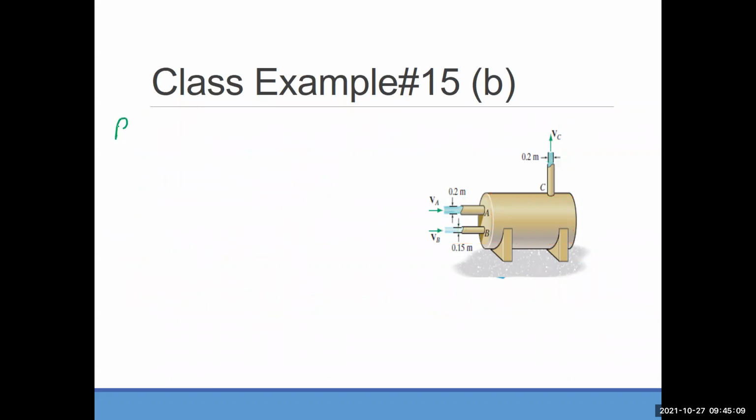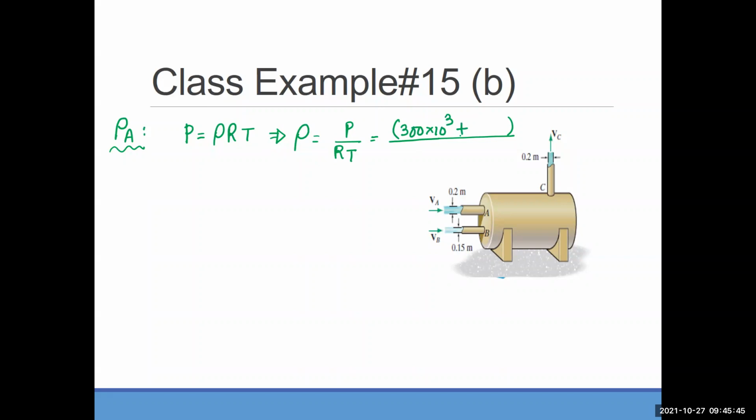Rho A. What was the equation for the ideal gas law? P equals rho R T. So rho equals P over R T. A is the carbon dioxide. And the P is what? 300 kilopascal.